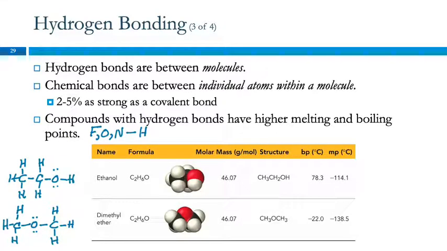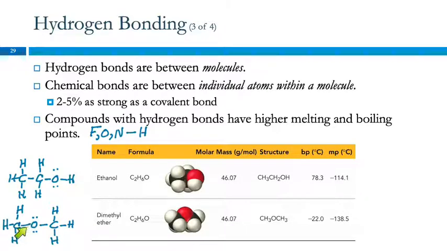Yes? One water molecule can't have hydrogen bonding because there's nothing for it to bond with, but two water molecules do. How about this one? Pardon me? How come for this one there's not two?